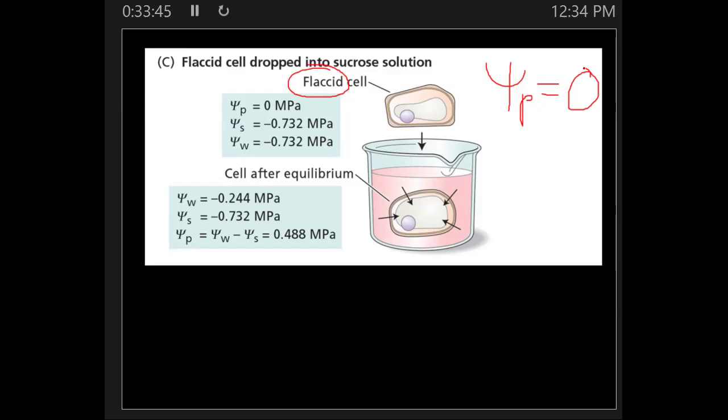And here, what they did was calculate ψP. You can manipulate the equation depending on what you want to know. If you have enough of the values, you can plug them in and rearrange to get your question answered. Here they were asking what the pressure of that cell is when the experiment is complete.